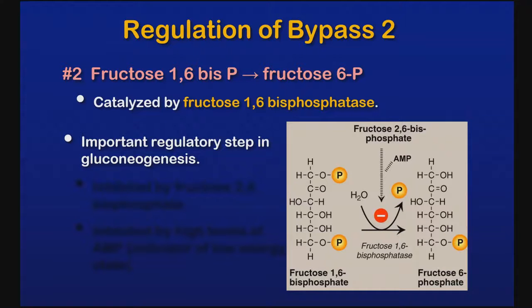All right. A lot of phosphate, right? The 2,6-bisphosphate, I know you saw that in glycolysis, right? What is the role of fructose 2,6-bisphosphate? It activates PFK1. That's in glycolysis.